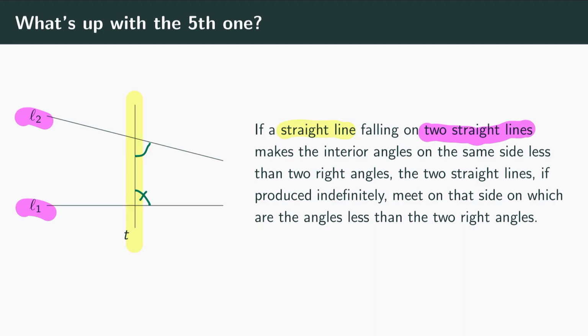And it's saying that if I continue my two lines L1 and L2 until I get an intersection point, it's going to happen on this side over here on the right somewhere. Whereas on the other side, of course, we have our two angles on this side. Together they add up to more than two right angles, so more than 180 degrees. And that's not the side that we get the intersection on.